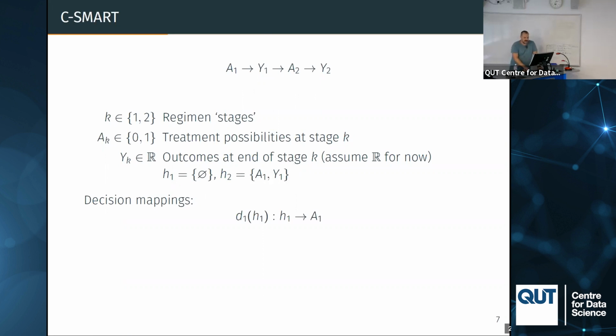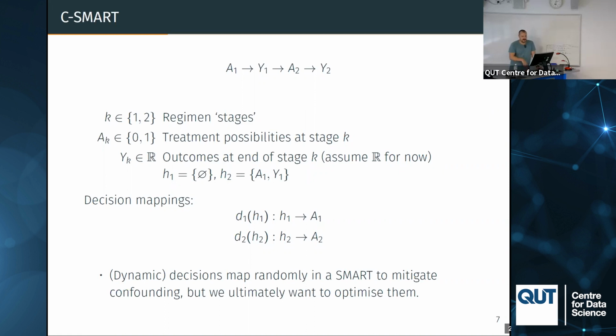And then we can define these decision mappings. So we have decisions at each stage that depend on the history at each stage and how they map to a certain treatment. So what we want to be doing is trying to optimize these decision mappings.